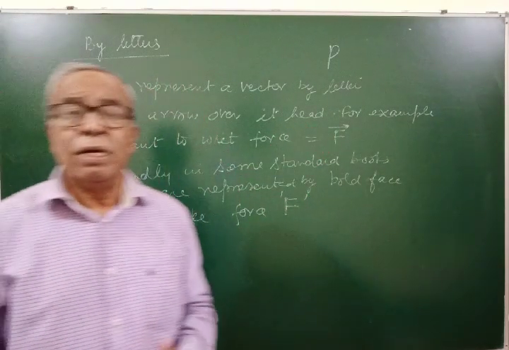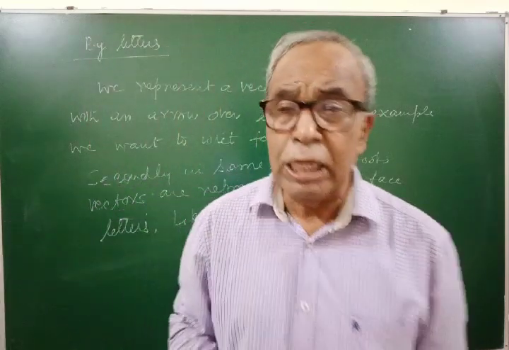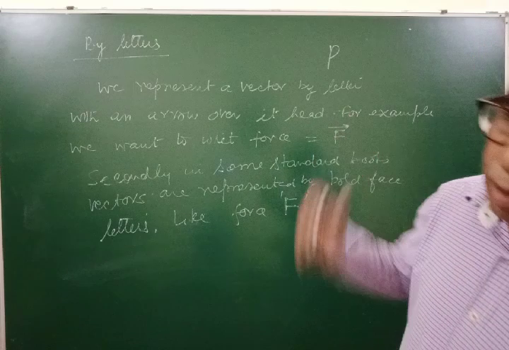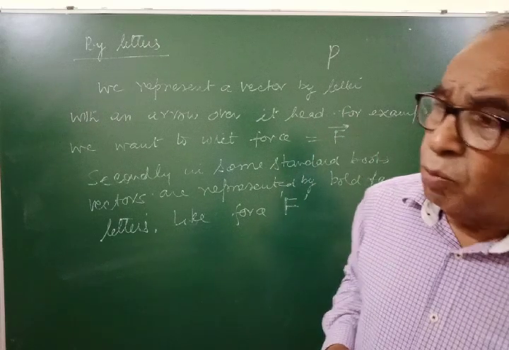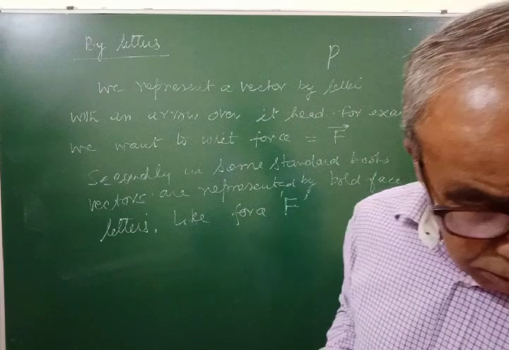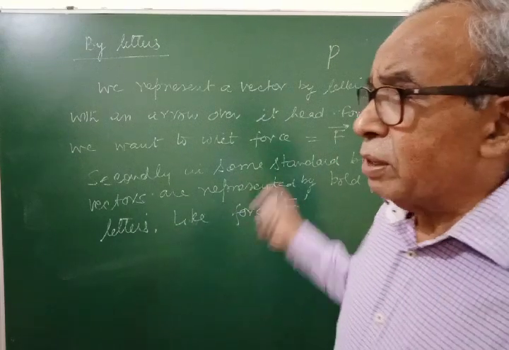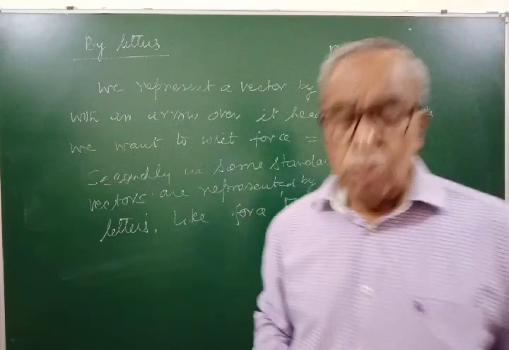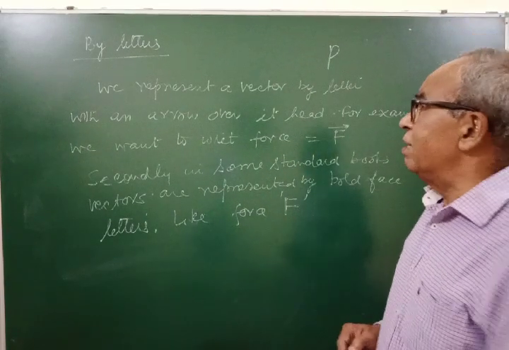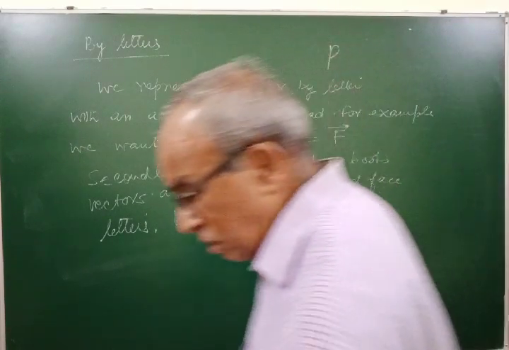Because in writing, it is not easy to mark the dark ink again. So we use an arrow on the head of the letter. So this is the method of representing a vector in two ways.